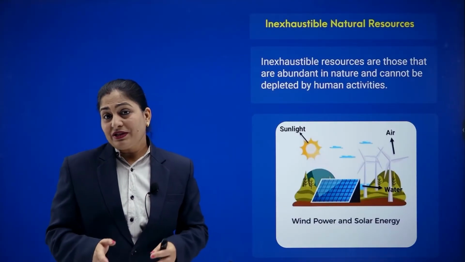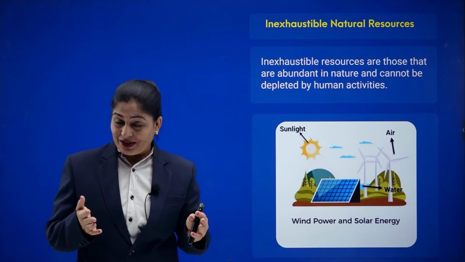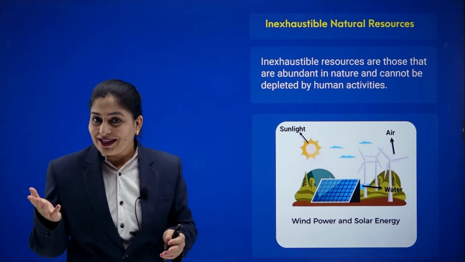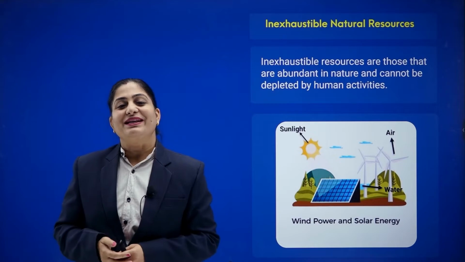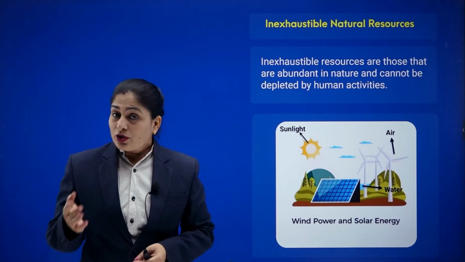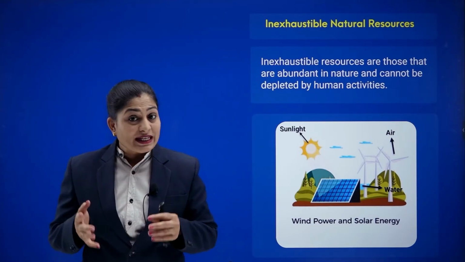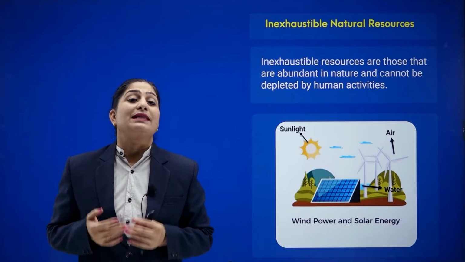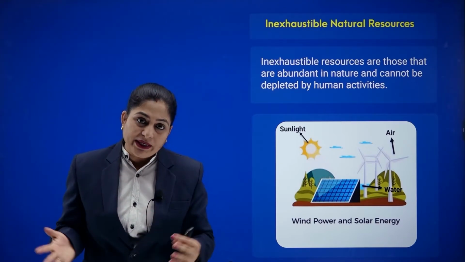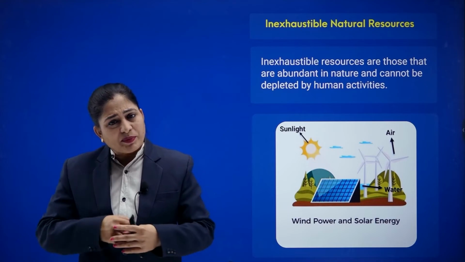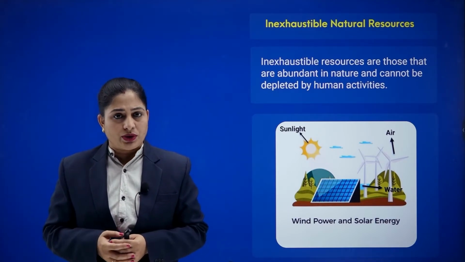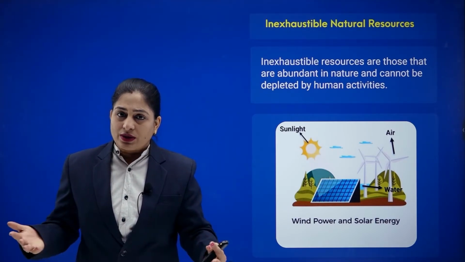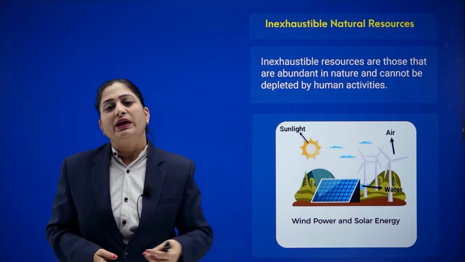Now, as we have discussed, there are two types: the inexhaustible natural resource and the exhaustible natural resource. Inexhaustible resources are those that are abundant in nature. Abundant means they are present in very large amounts. They are available to us, and will be available for so many years.